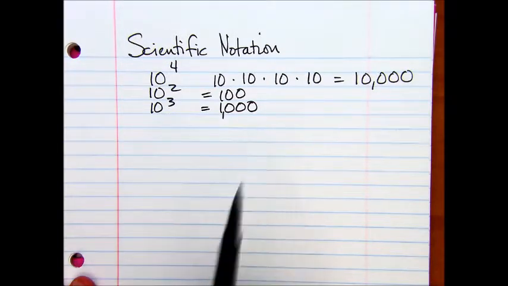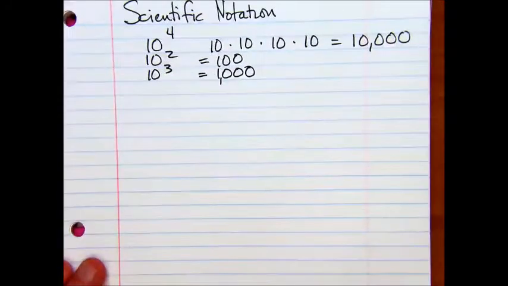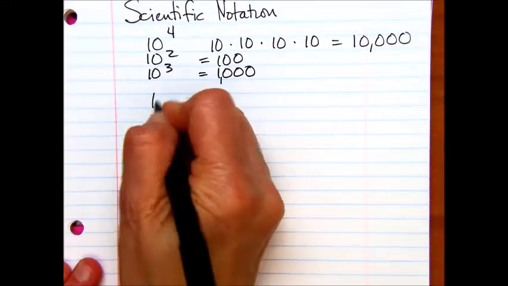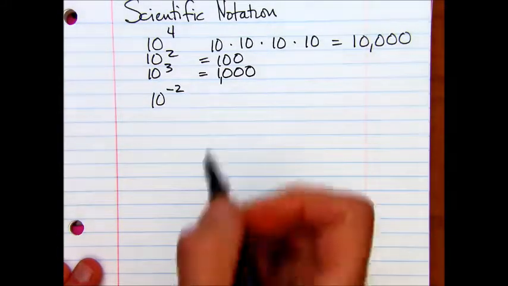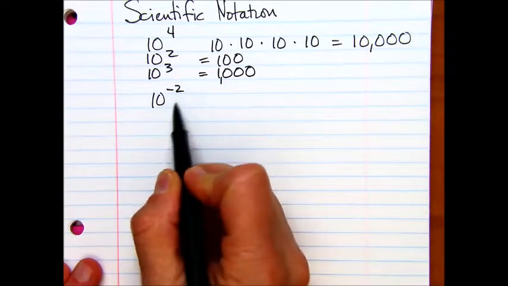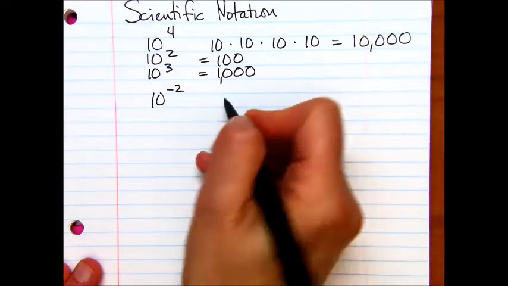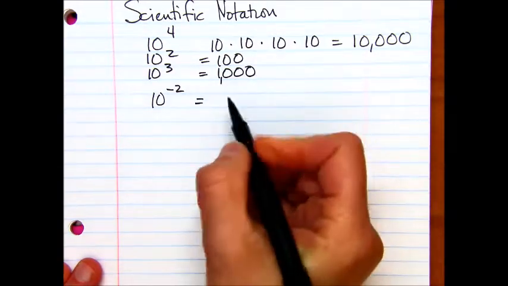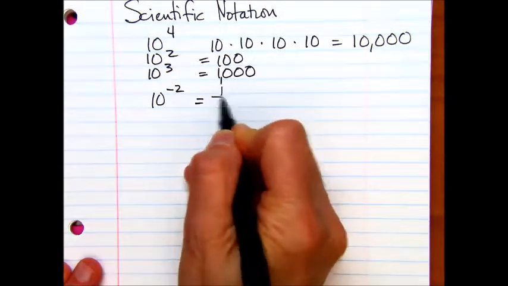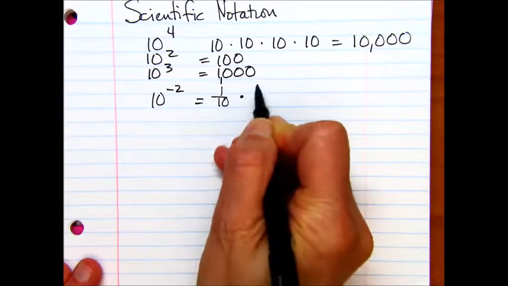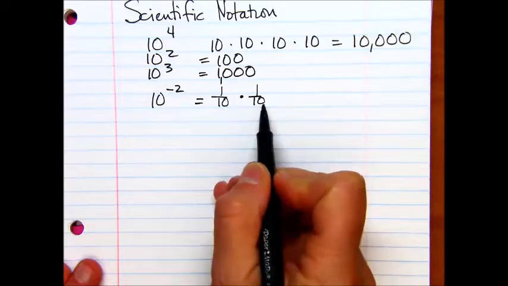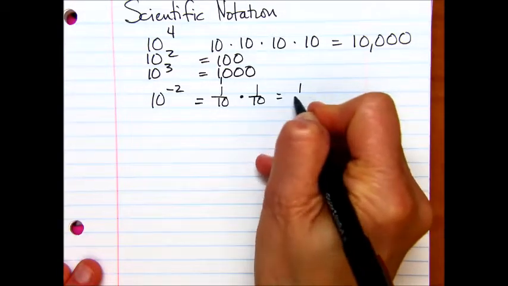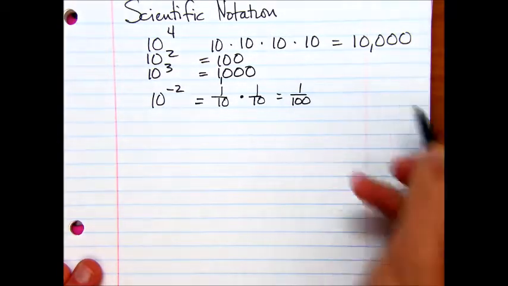Okay? Now if you have a negative exponent, say you've got a negative 2 exponent, how we would represent that is the following. So this would be basically 1/10 times 1/10. Okay, so 1/10 times 1/10 is going to be 1/100th.